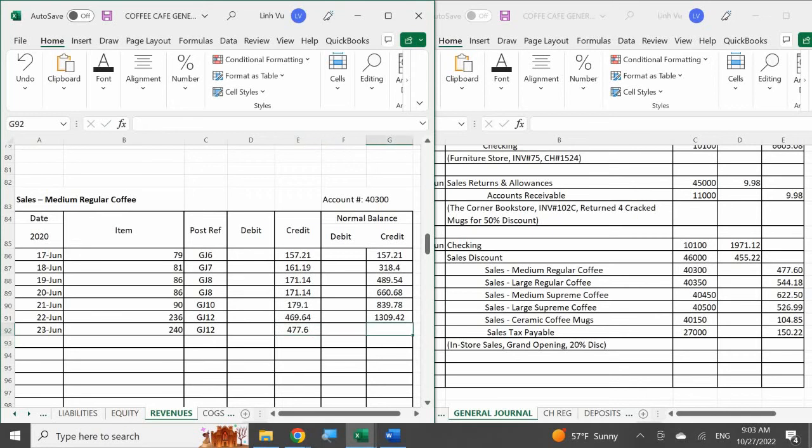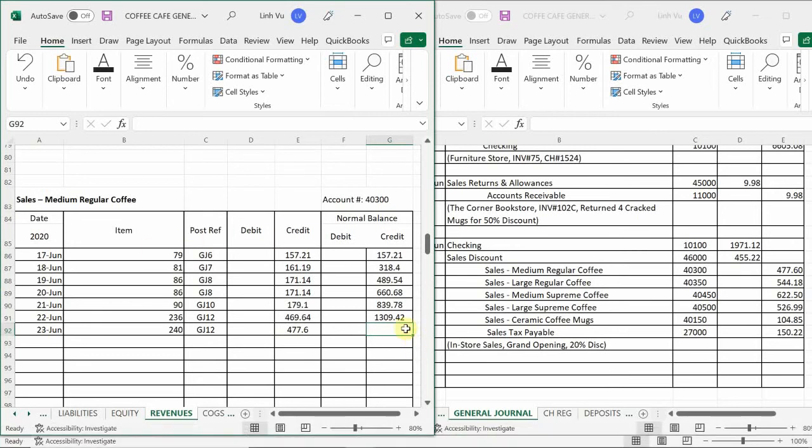So what's my ending balance? 1,787.02. Good.